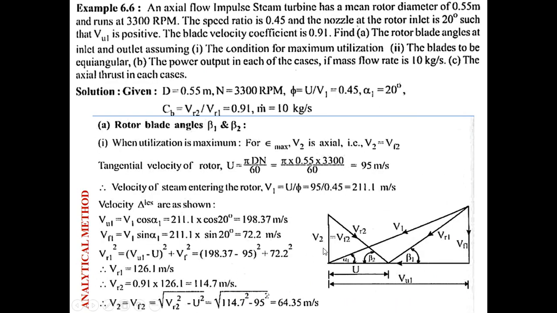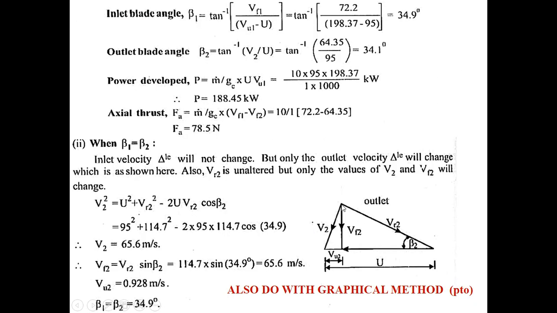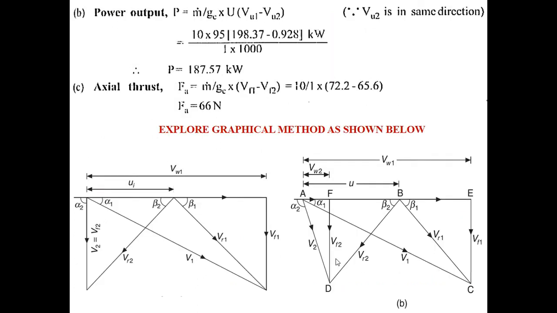Then the tip of VR2 and V2 will be inside, VU2 will be in the same direction. Same direction means I have to take VU1 minus VU2 in this special case.